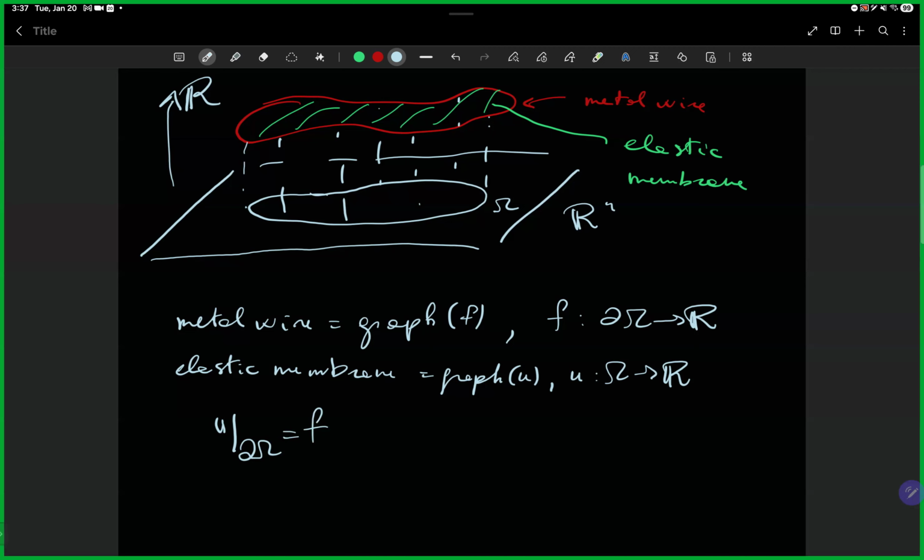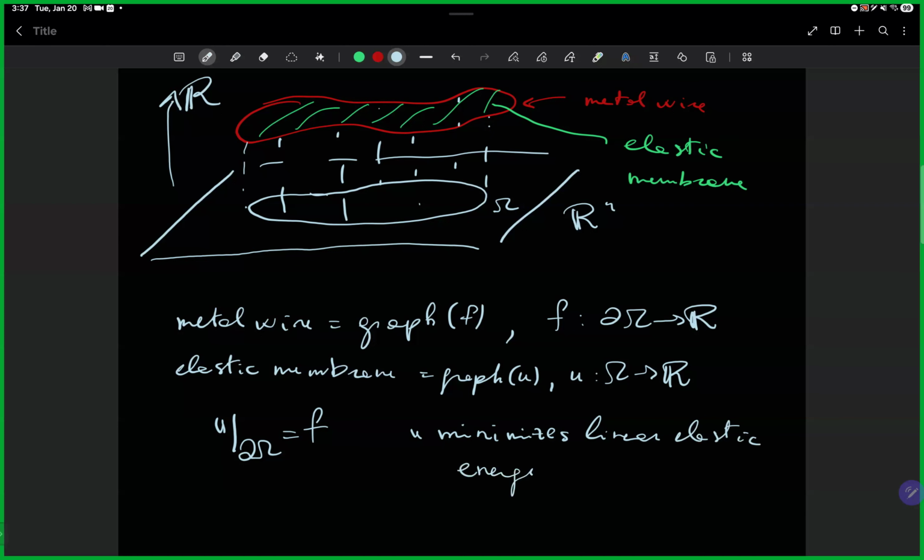Now the idea is that we have an energy, and u is characterized by some energy. So u minimizes the linear elastic energy.